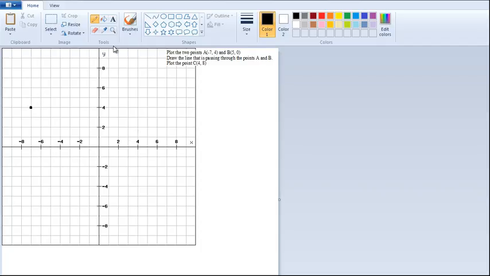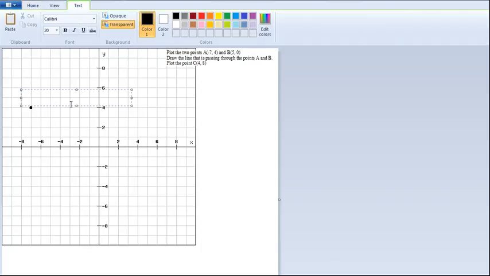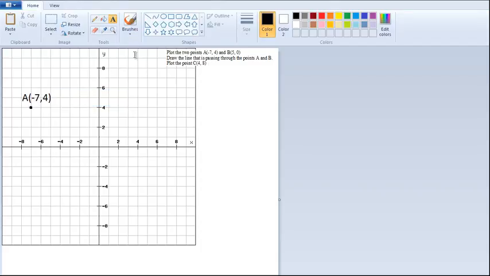And then let's write it out. A, -7, 4. The second point is 5, 0.